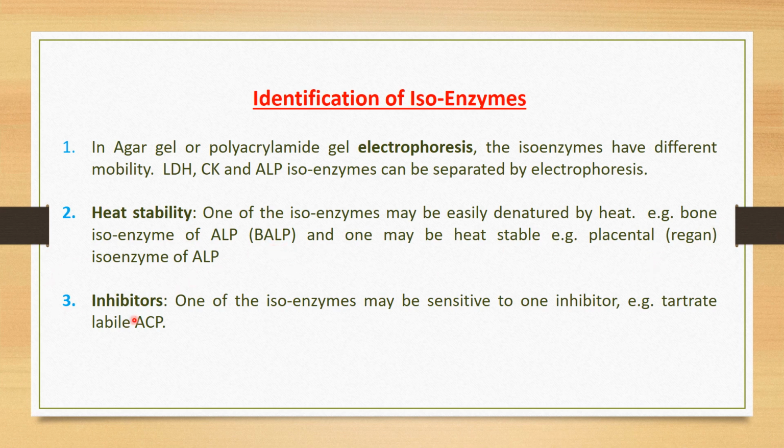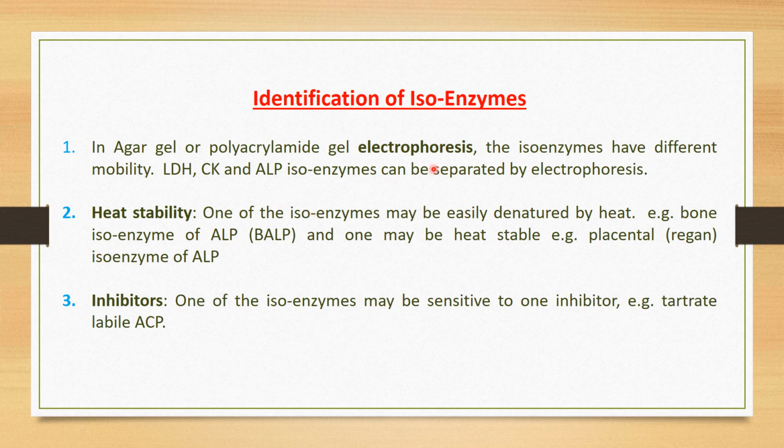By sensitivity towards inhibitors, some isoenzymes may be sensitive to one inhibitor and some may not. Just like ACP, acid phosphatase: some acid phosphatases are tartrate labile, some are resistant. So, tartrate labile acid phosphatase may be separated from the stable acid phosphatase with the help of an inhibitor.